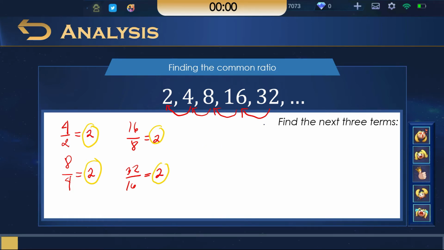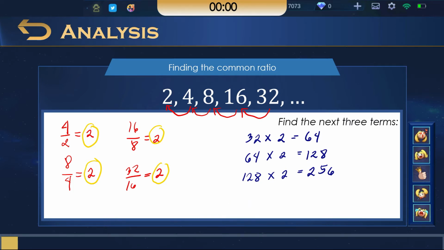And for us to find the next 3 terms, we're just going to multiply the given term by the common ratio that we have. We have 32 times the common ratio, which is 2, so we have 64. 64 times 2, we have 128. 128 times 2, we have 256.